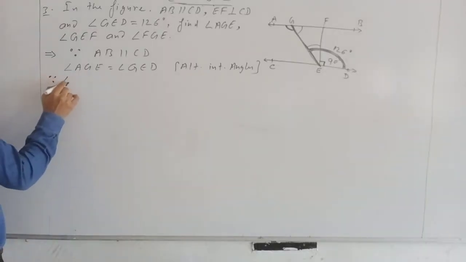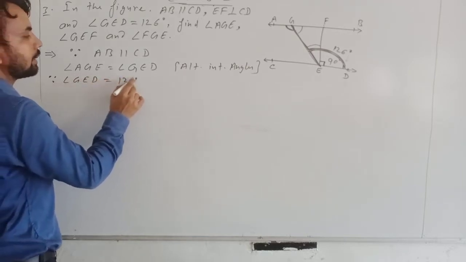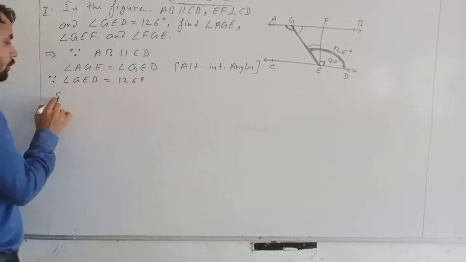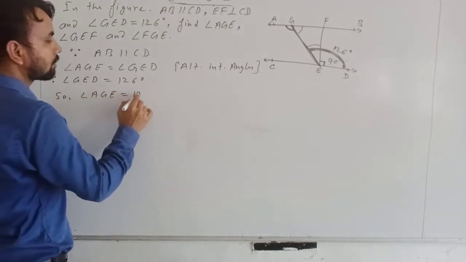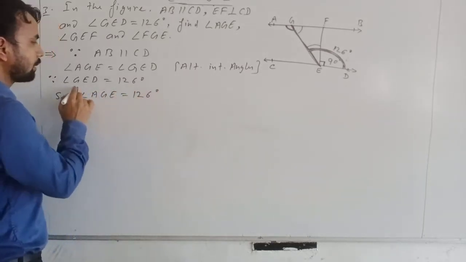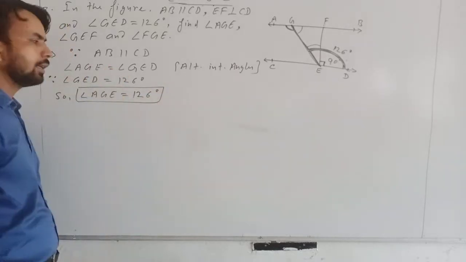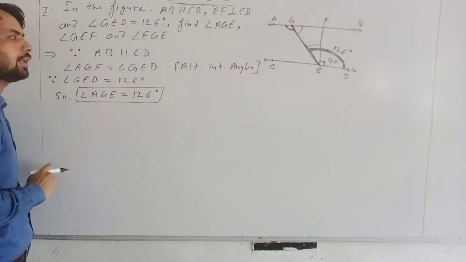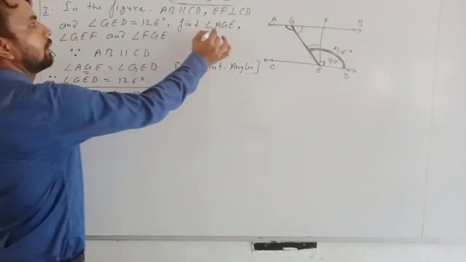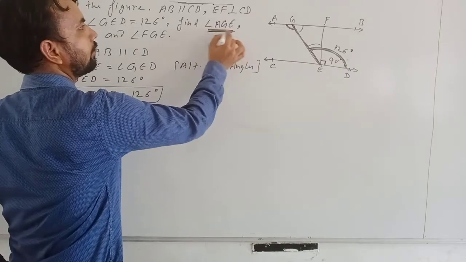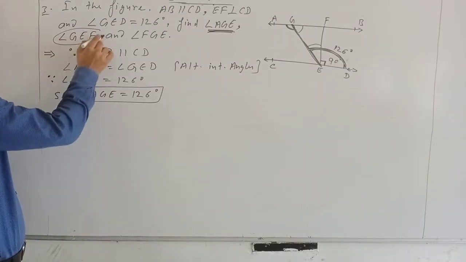Since angle GED equals 126 degrees, angle AGE is also 126 degrees. So we have already found the value of angle AGE. Now we will find angle GEF.